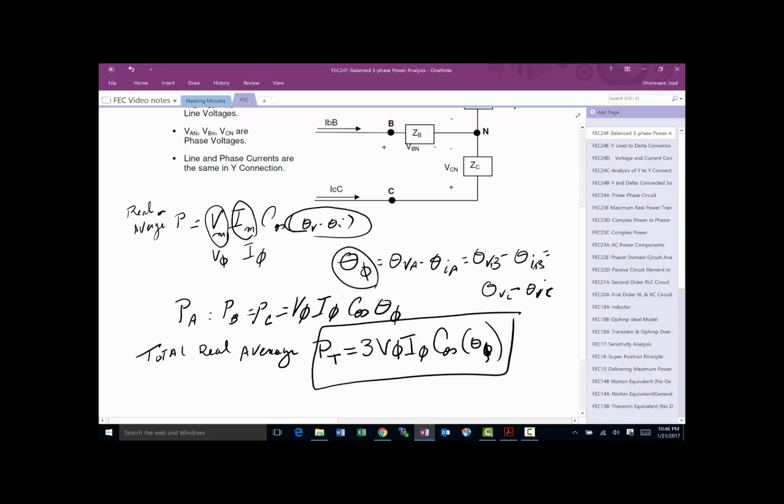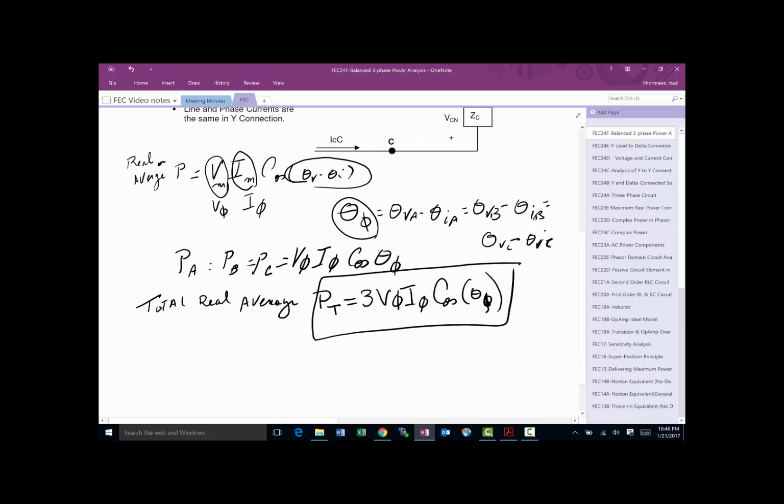We can even use the same technique and apply it to the reactive side. But before we go to the total reactive side, we could also do the same thing, but instead of using the phase voltage and phase current, use the rule we had, the square root of 3, and replace these with a line voltage.